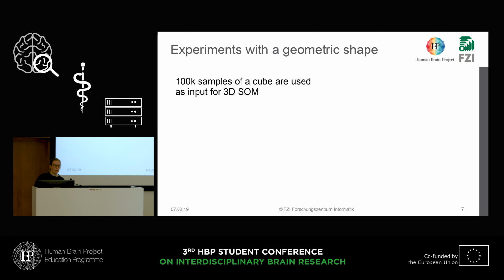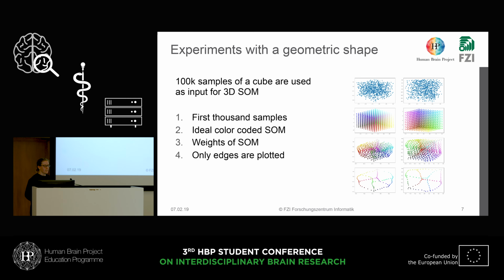For my evaluation, I have done some experiments with geometric shapes. I used a cube and sampled it. Here in the first row, you can see the left and the right camera; that's only the first 1,000 samples, and I used 100,000.